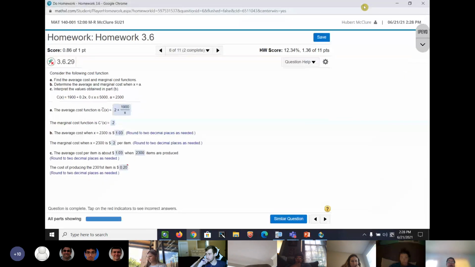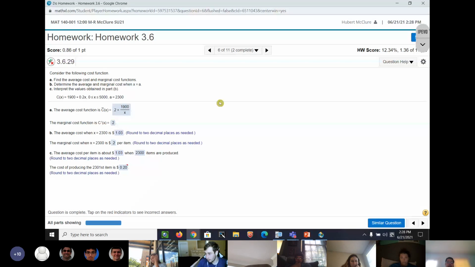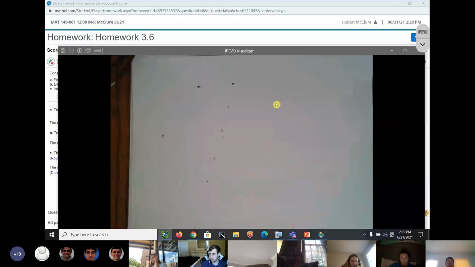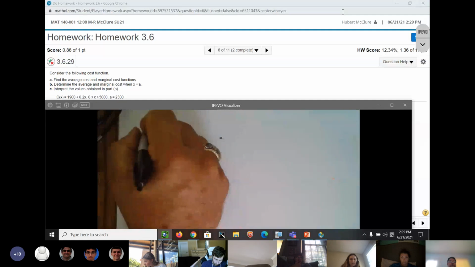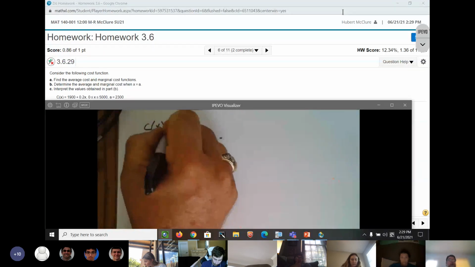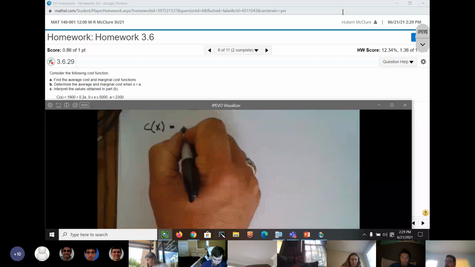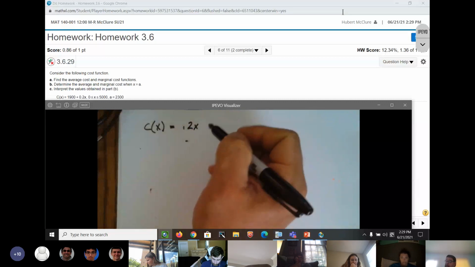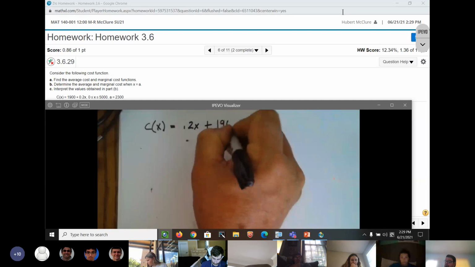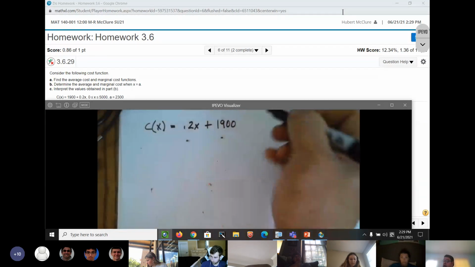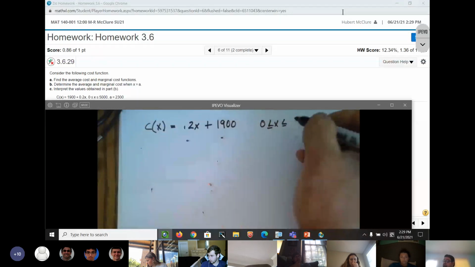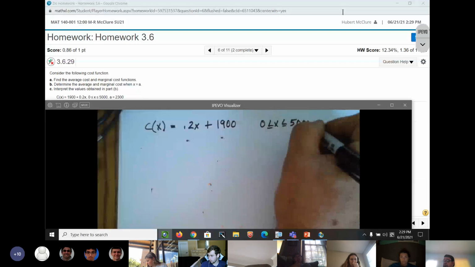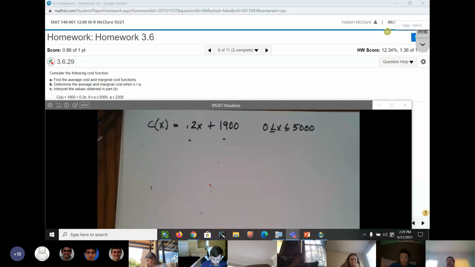This is a test question, so write it down. I'm going to write it down with you and cover up all the answers. So here, consider the following cost function. C of x is equal to 0.2x plus 1900. And the domain is between 0 and 5,000.